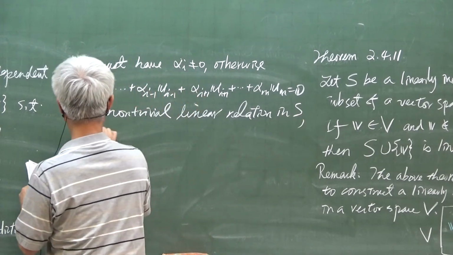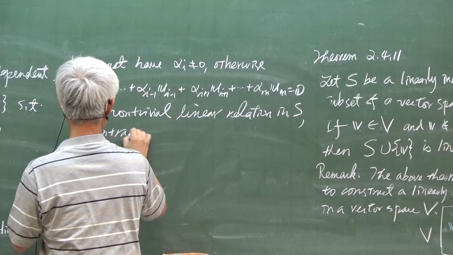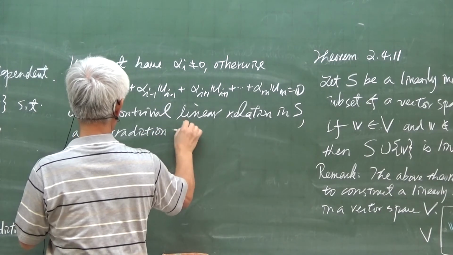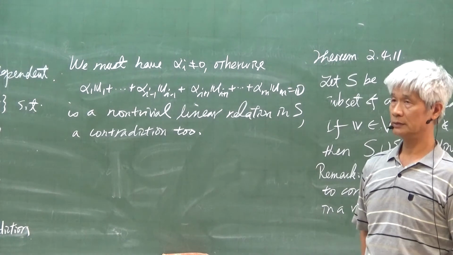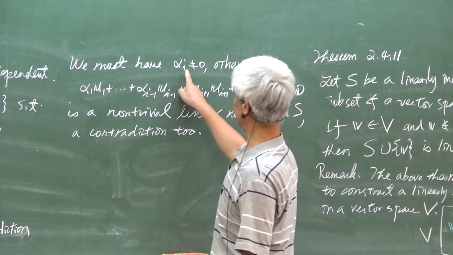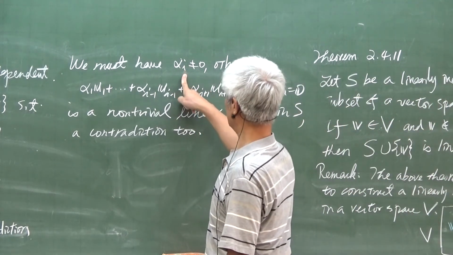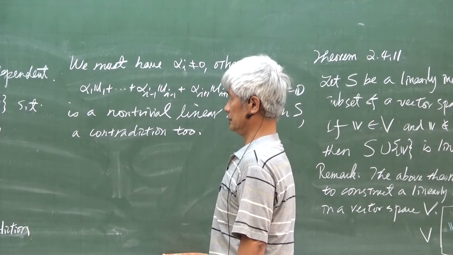So again, a contradiction. So alpha i should not be 0.